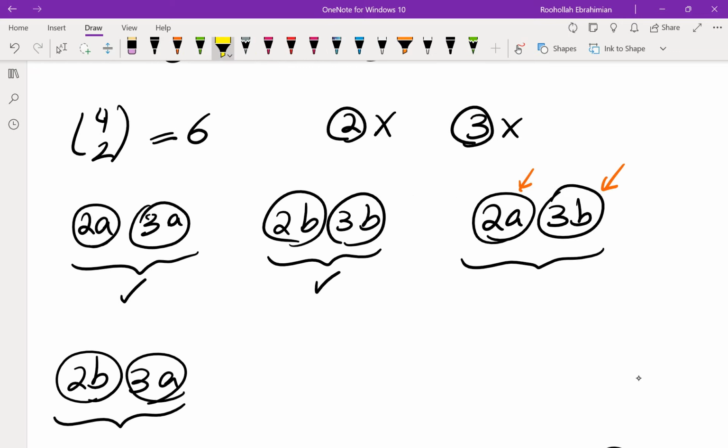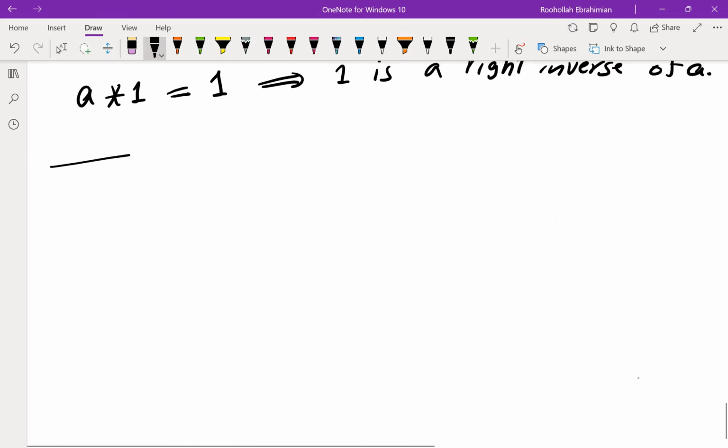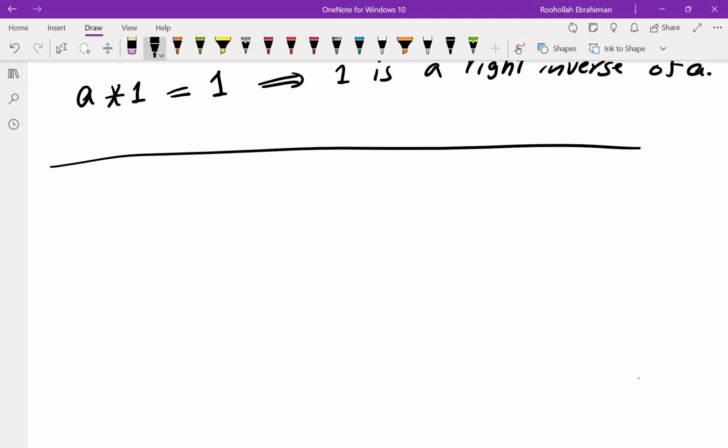So from all these different combinations, we can drop 2A and 3A, we can drop 2B and 3B. In other words, we can either drop right inverse, right identity, or left inverse, left identity, but the others cannot be dropped. So this kind of shows you that a better definition for a group would be that a group is a set that satisfies associativity.